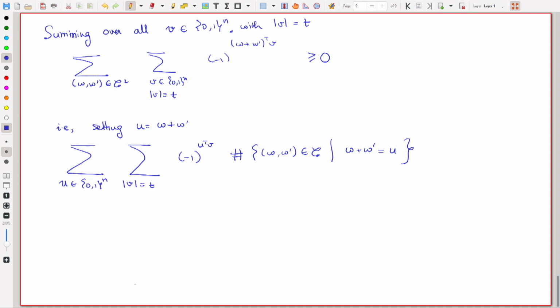Okay, just simple rearrangement. So, this will turn out to be that binomial coefficient business that we wanted.